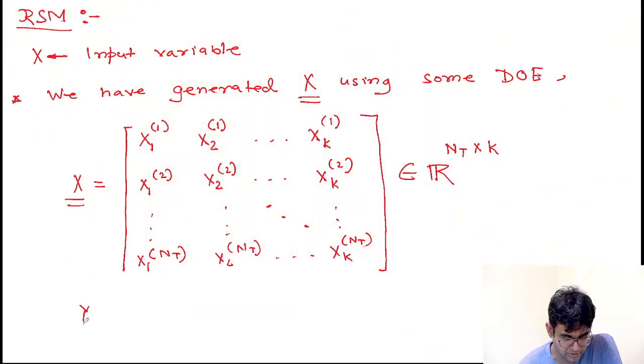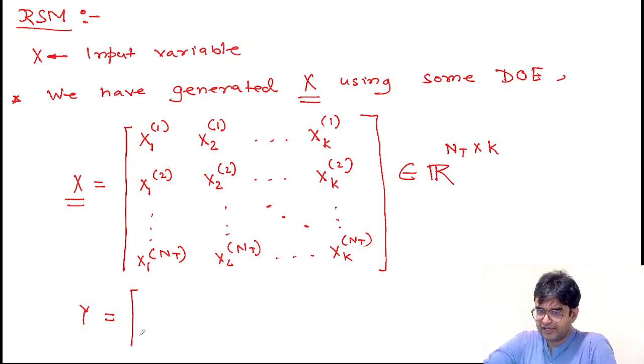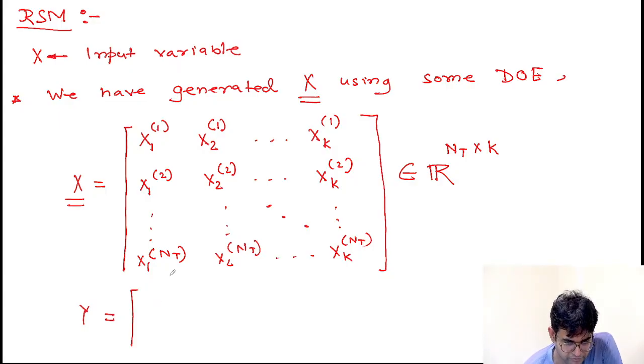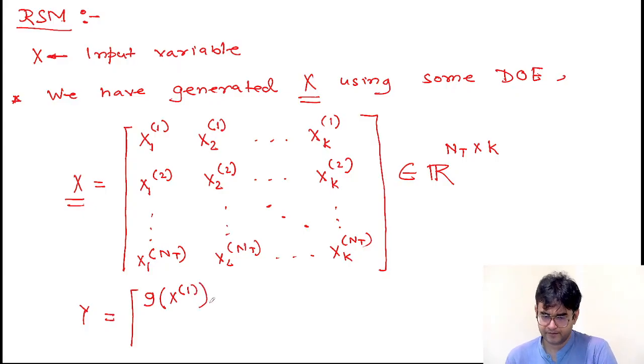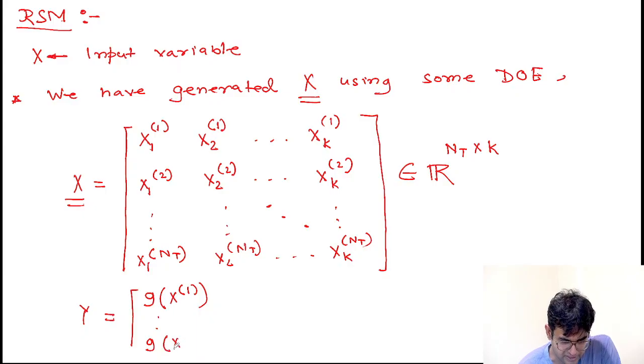So we also have y in that case, and y is a vector where for each row I will get a single value of y. The first row will give me g evaluated at x for the first sample, and like that, I am just writing the last one, g evaluated at x for the last sample.